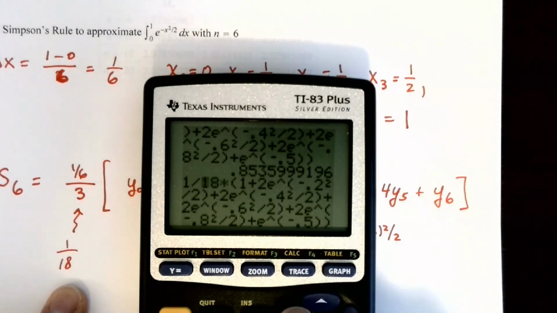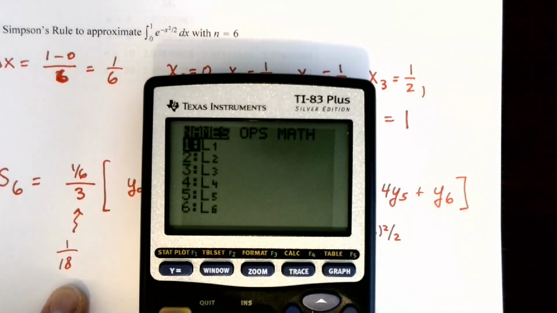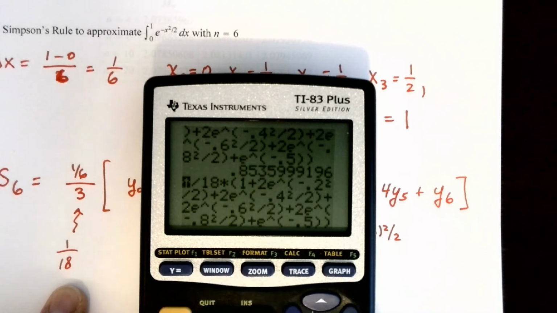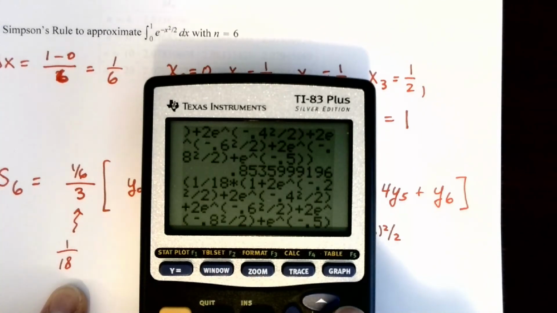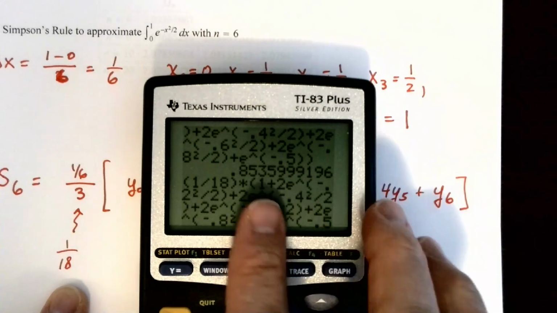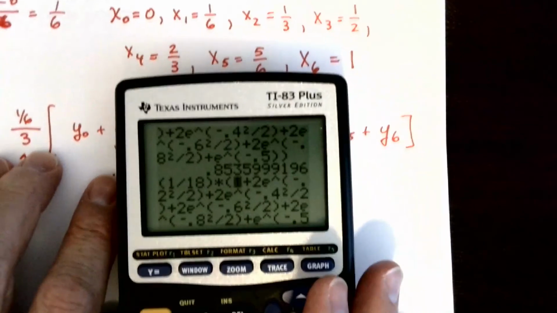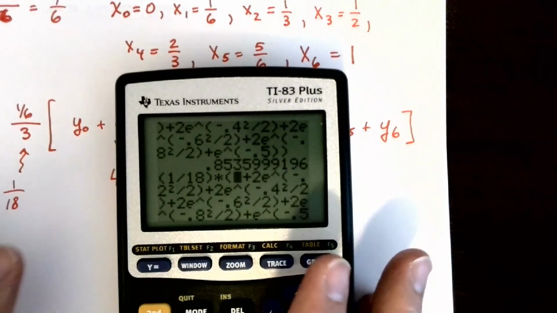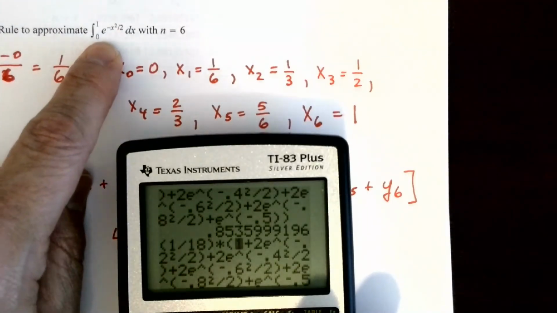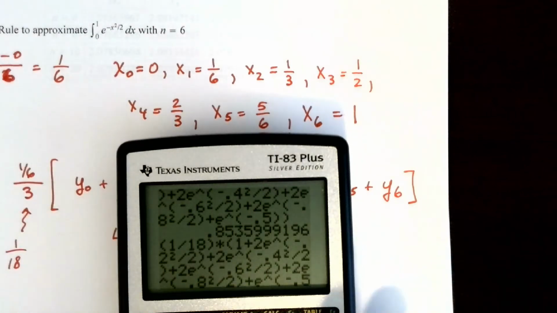I like to put parentheses around that. So there's my 1/18. Then 1/18 times my y sub 0, which is e to the 0 power, which is 1. So I'm going to leave that at 1. That's the y sub 0.